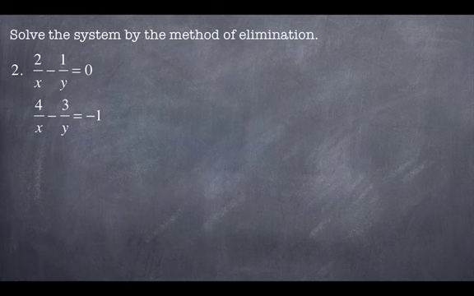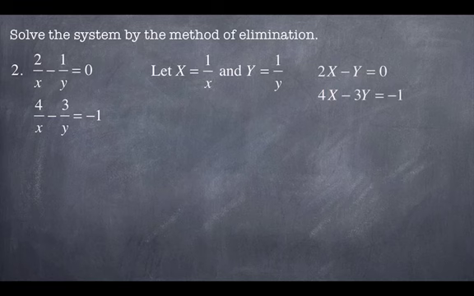Here's number 2. Same directions, but this problem looks a little bit different than number 1. To do number 2, we're going to use the following trick. We're going to let capital X equal 1 over x, capital Y equal 1 over y.